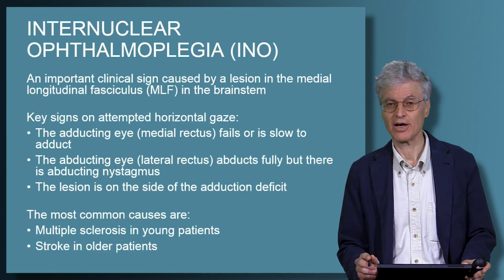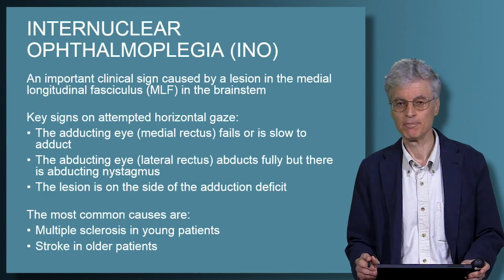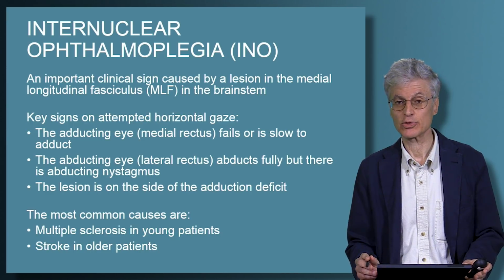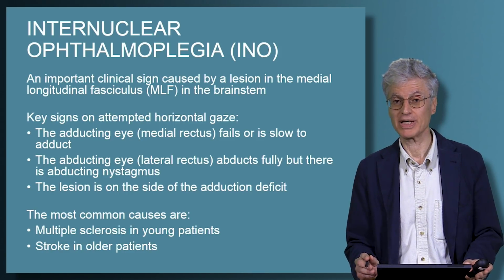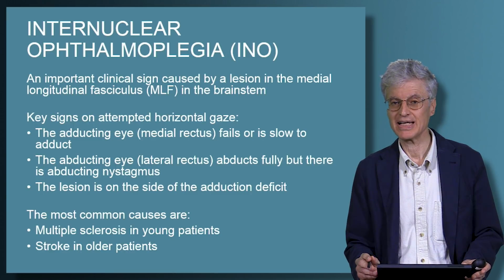So the key signs on attempted horizontal gaze are the adducting eye, controlled by the medial rectus, fails to adduct or is slow to adduct. The abducting eye, controlled by the lateral rectus, abducts fully, but there is abducting nystagmus. And the lesion is on the side of the adduction deficit because the medial longitudinal fasciculus has crossed to that side up to the third nerve nucleus. The most common causes are multiple sclerosis in young patients and stroke in older patients.